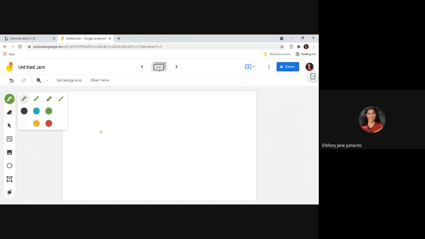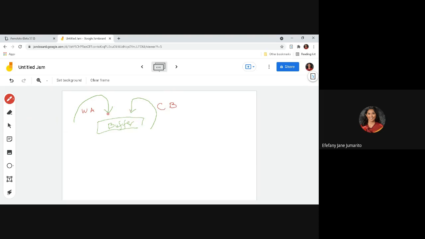So your buffer consists of your weak acid, and then we also have its conjugate base. Conjugate base. So that is your buffer.